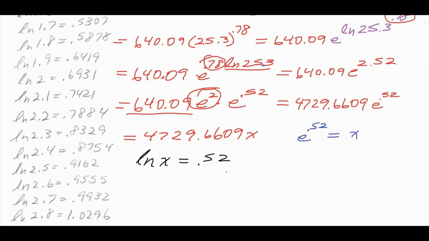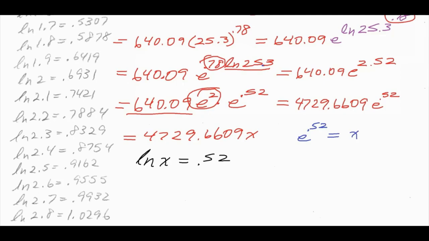So in the old days, before calculators, you would look on a log table, and you'd either have this number and get this one, so you'd take a log, or you would have this number and get this number, which is an anti-log. The same table gives you both. You can go either direction. So we need the anti-log of 0.52.